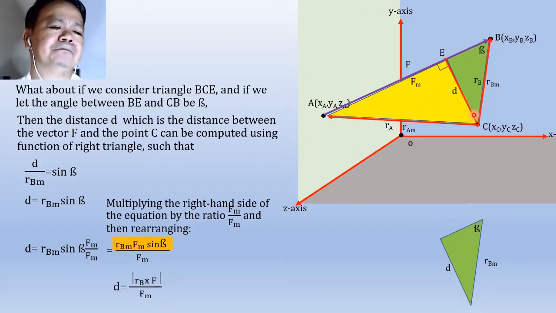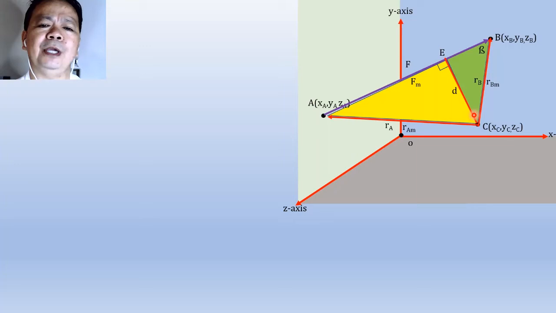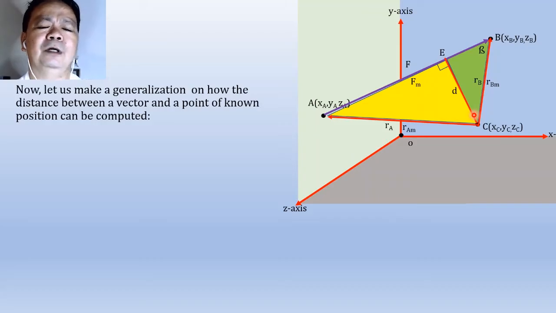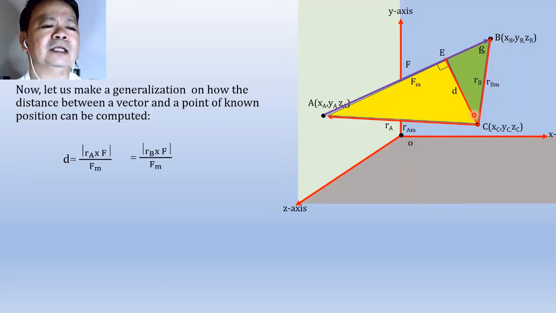sub m. Now, after knowing the formula for finding the shortest distance, maybe we can make a generalization of how we are going to get the distance between a vector and a point of known position. So let us go back to the derived formula that D is equal to the absolute value of RA cross F divided by Fm, which is also equal to RB cross F divided by Fm.